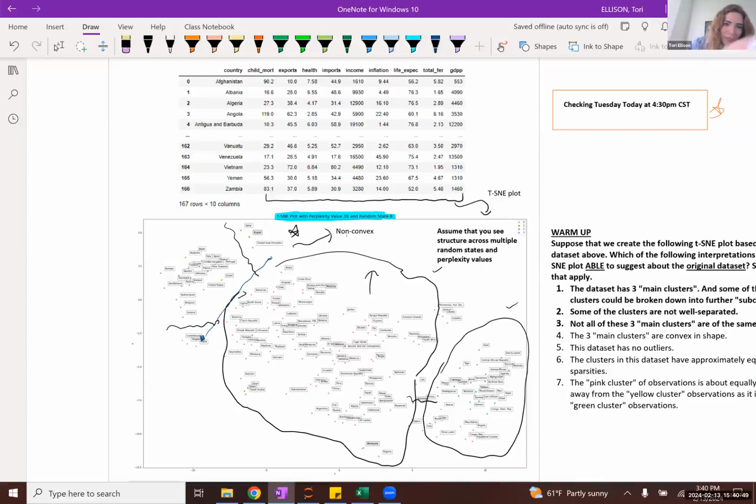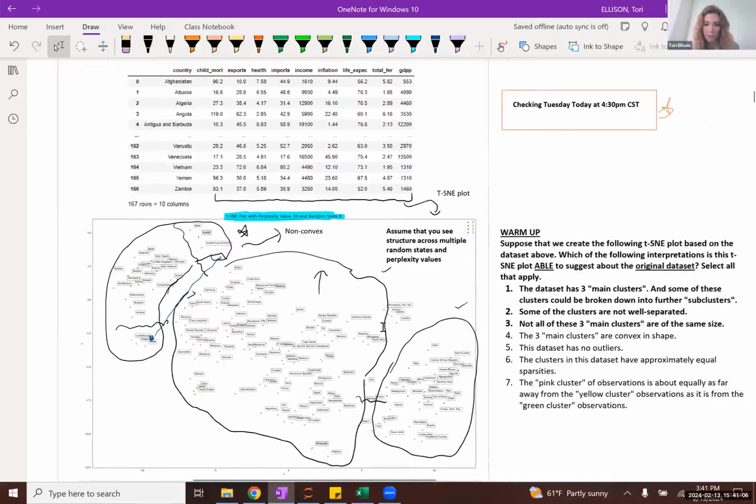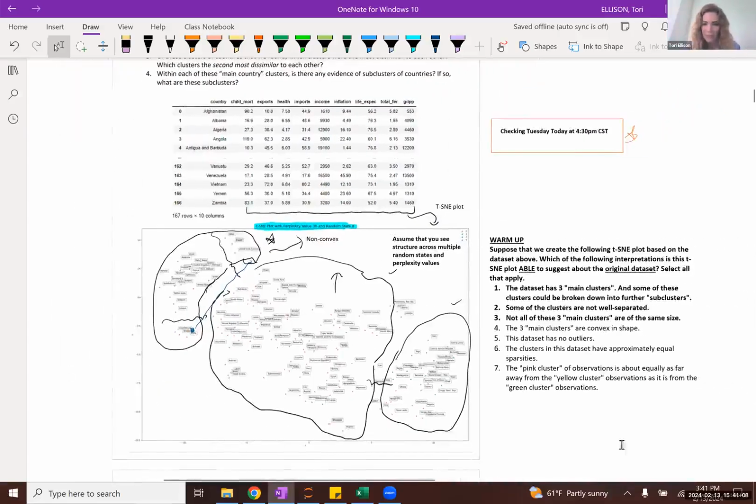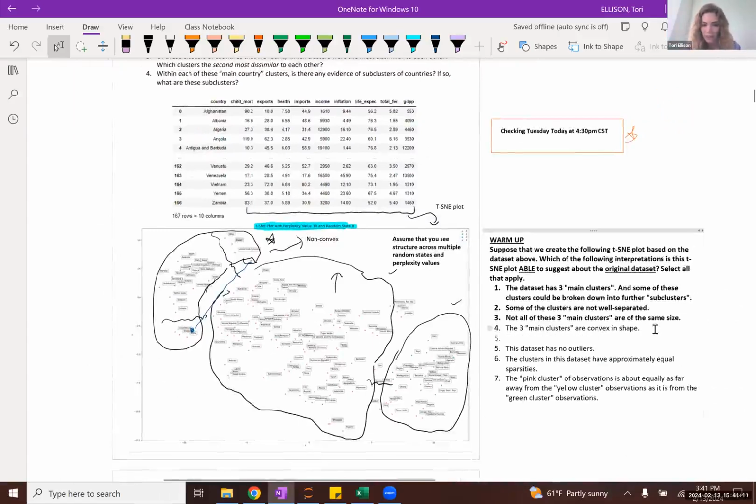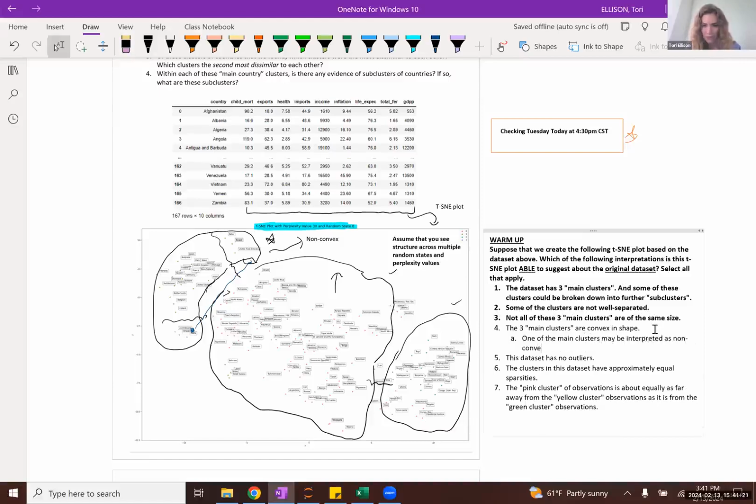If I had drawn that shape a little more tightly around the points, we can see that the line we draw between points within that cluster does leave the shape. So we might say that one of these clusters is non-convex. One of the main clusters may be interpreted as non-convex, but it depends.